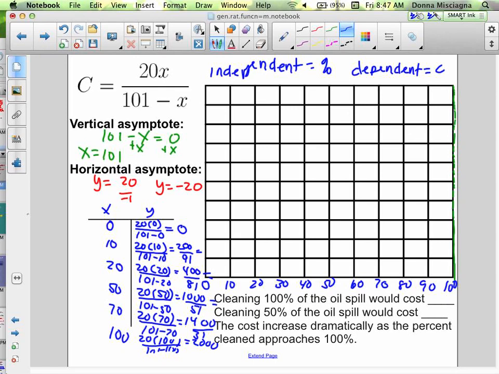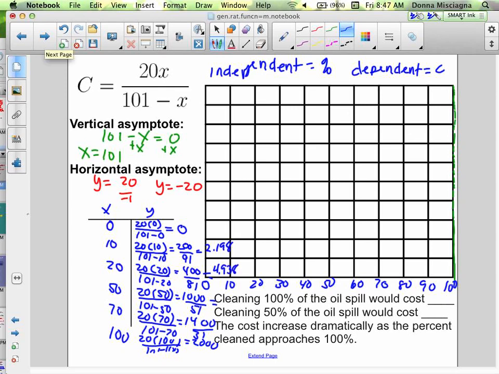All right, so someone tell me my other numbers. 200 divided by 91, quickly. 2.198. And then 400 divided by 81. 4.938. Maybe I'll write them over here for me.